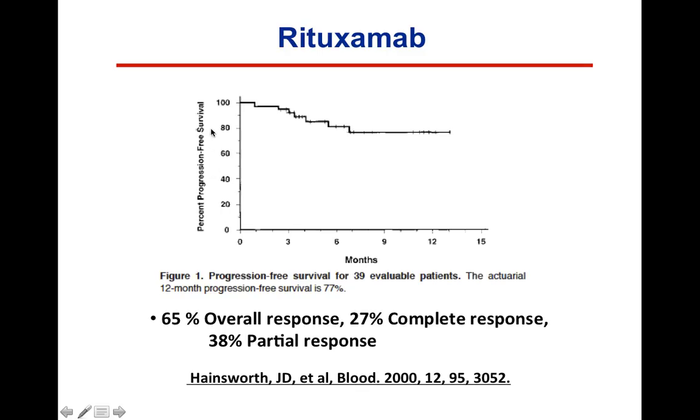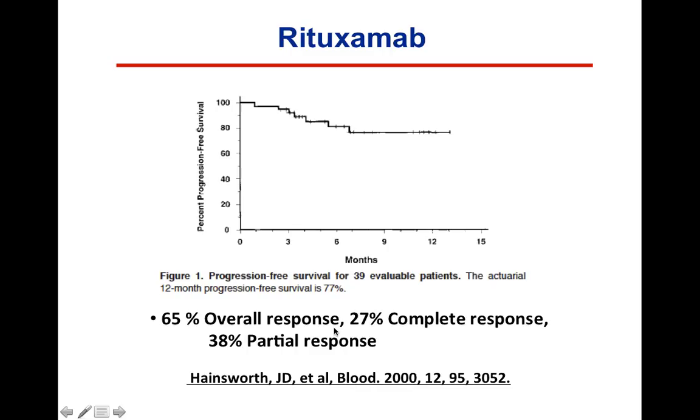So they survived, and they did not have the cancer over this period of 12 months. And you can see over this period 20% of the patients died. However, 65% of the patients had an overall response when you look at this. So 65% had overall response.